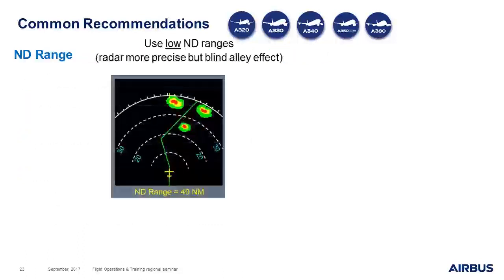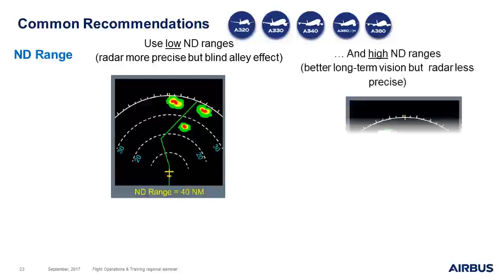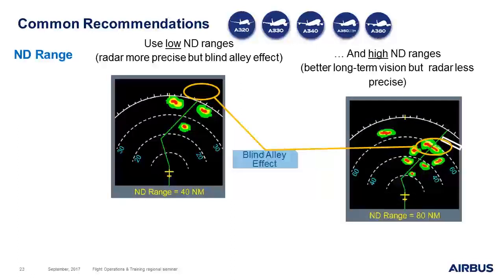Regarding the ND range, it's interesting to use a low ND range because the radar is more precise. But with such a low range, you can have what we call the blind alley effect, which is the fact that you miss weather that is a little bit farther away than the selected range.